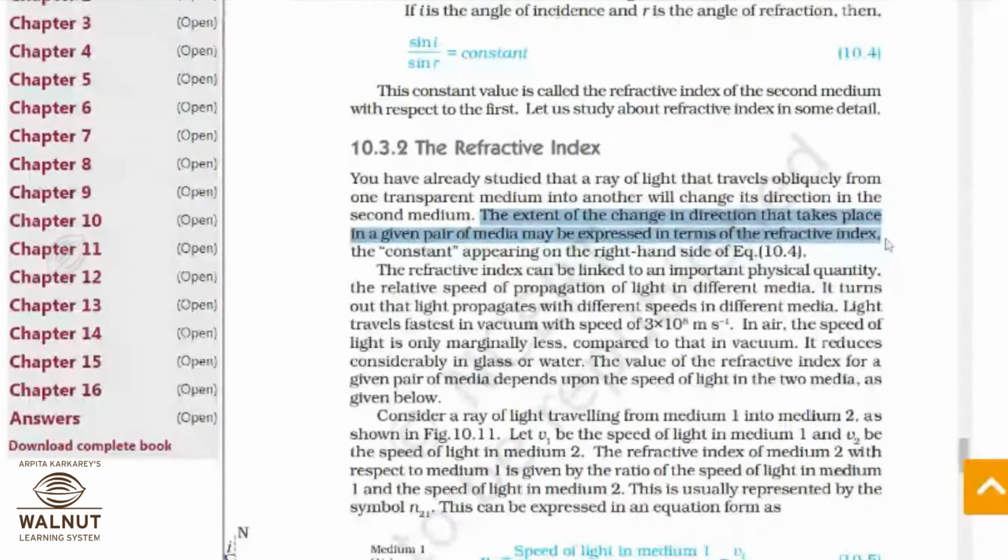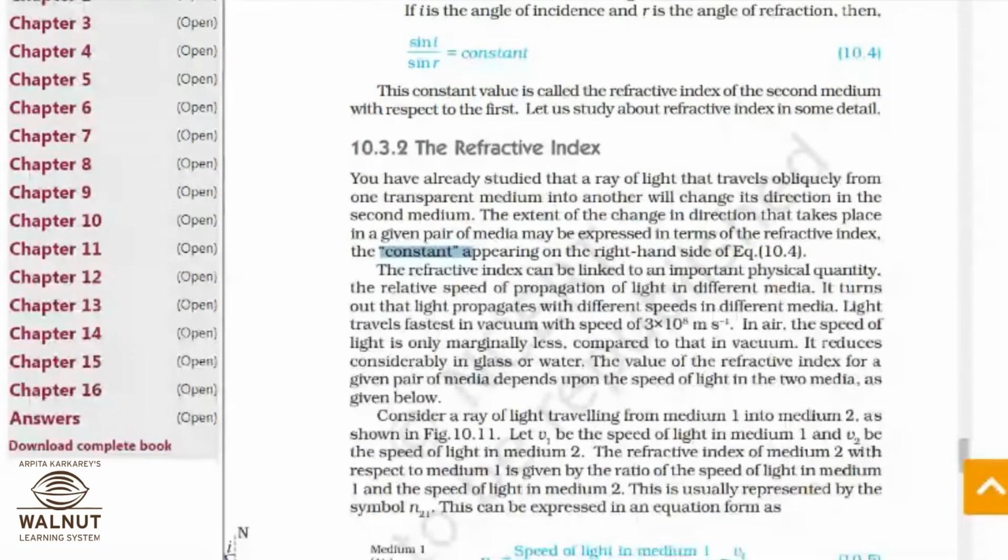The extent of the change means how much light bends. We explain that extent in terms of the refractive index of those two media, and that is a constant.